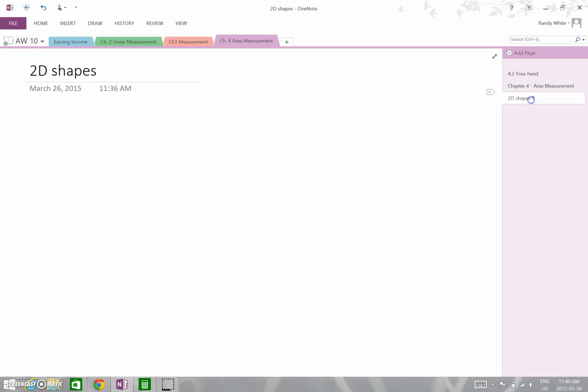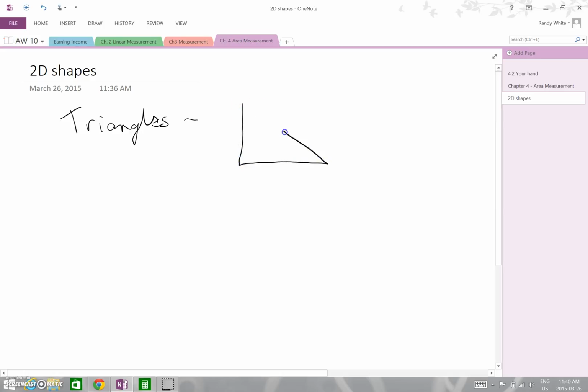You can have different kinds of triangles. For example, you can have your basic right angle triangle, like that. This would be your base here, and that would be your height here.